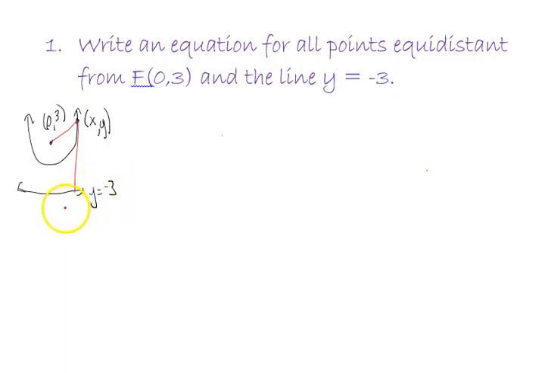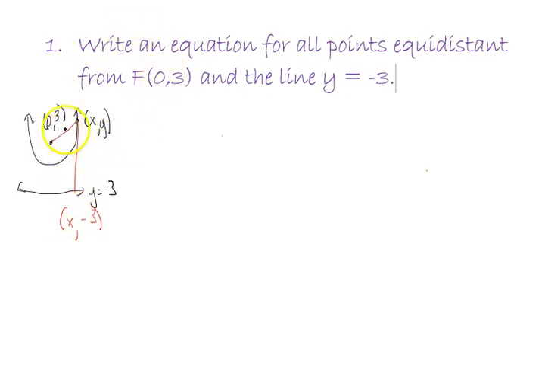Well, the y value has to be -3. So that point has some x value, -3. Not only is it just any x value, it's the same x value as this point that's directly above it that we're trying to make our distances match with. So we can just call it x because it's directly under this one, which we're just calling x, and we know those have to be the same number.